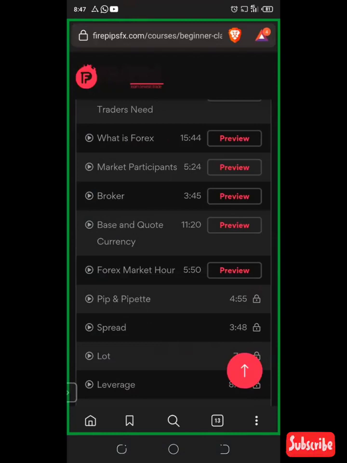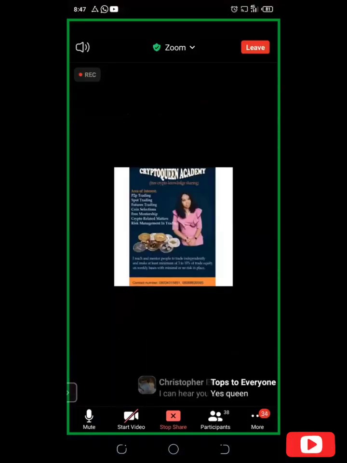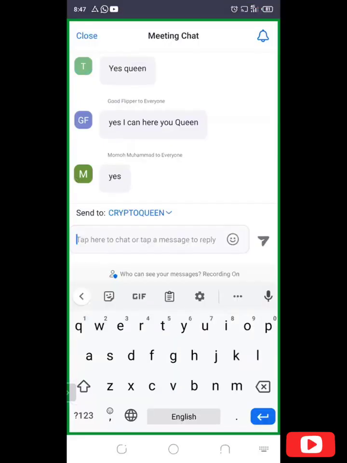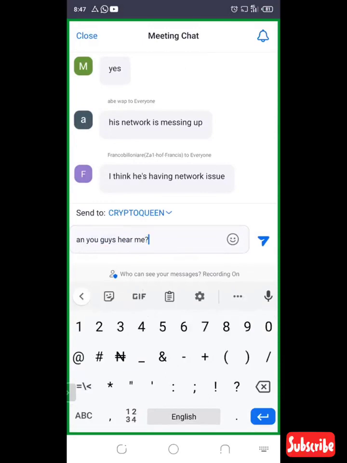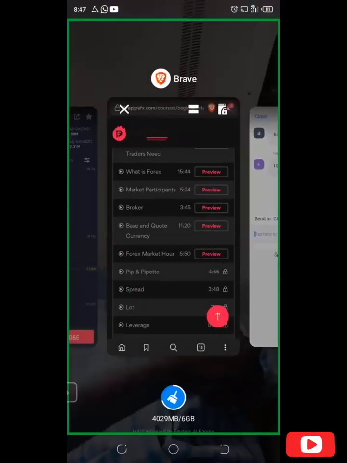I'm sure he must have been kicked out by network. Oh, he's muted. Please, can you unmute yourself? You are muted. I'm not sure he's even aware that he's muted.